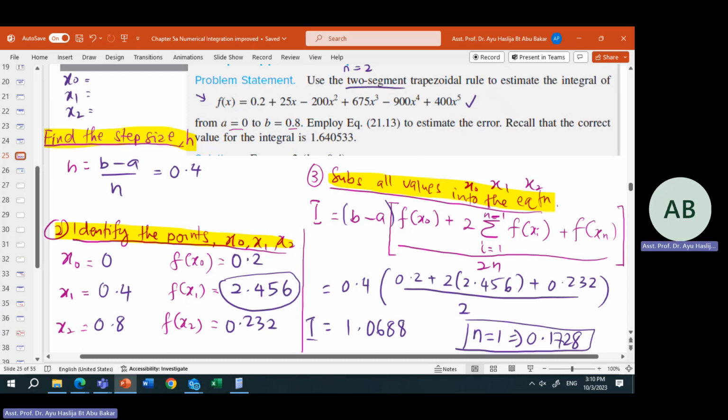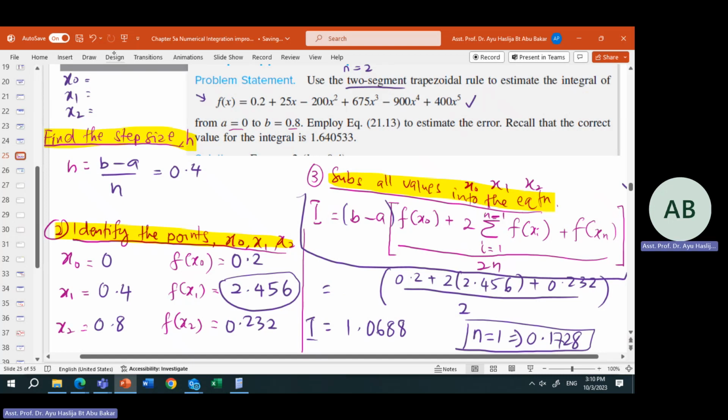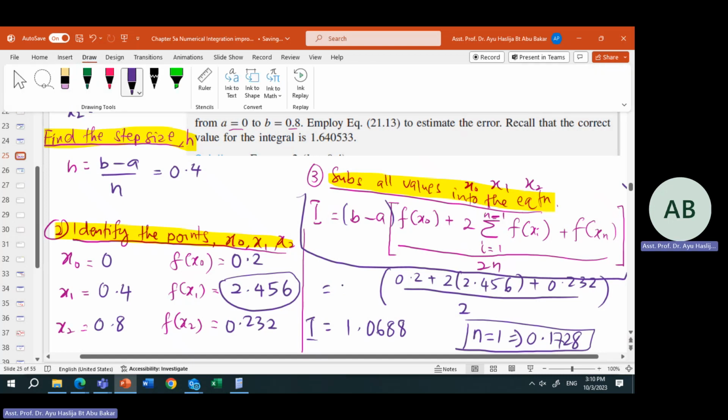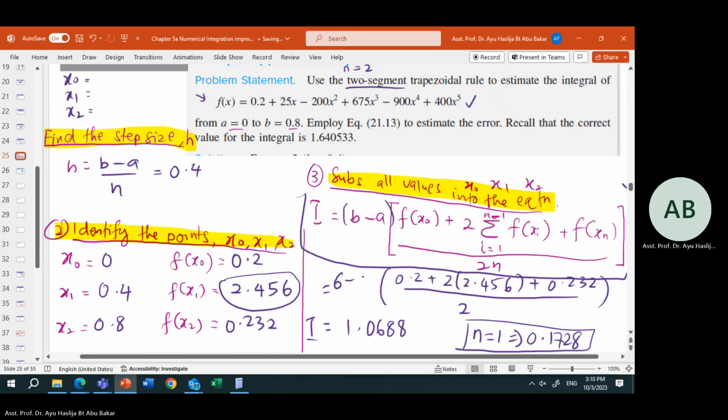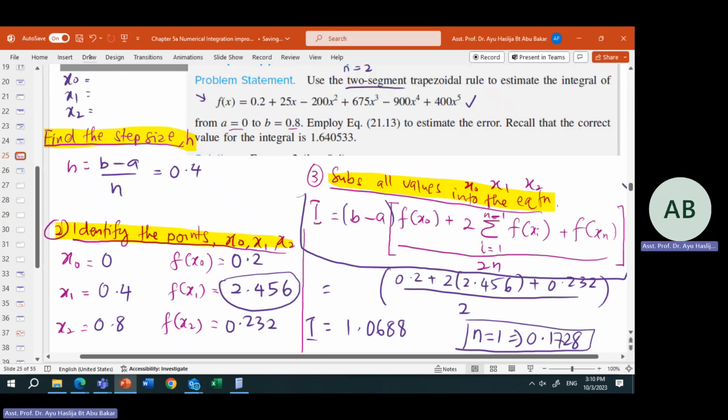Okay, let me clarify again. This part, don't get confused. This is the original equation for multiple application. The 0.4 there, how I get it is 0.8 over n segments. 2 here is the n.